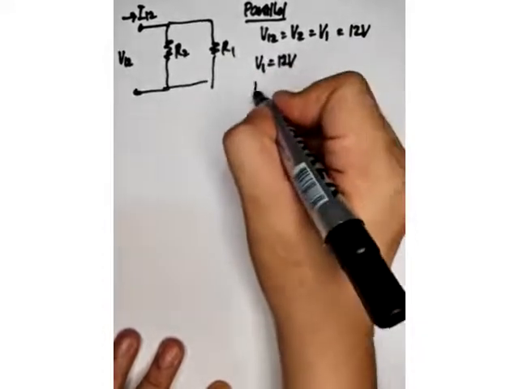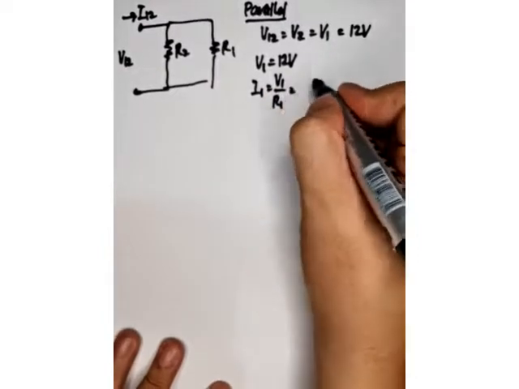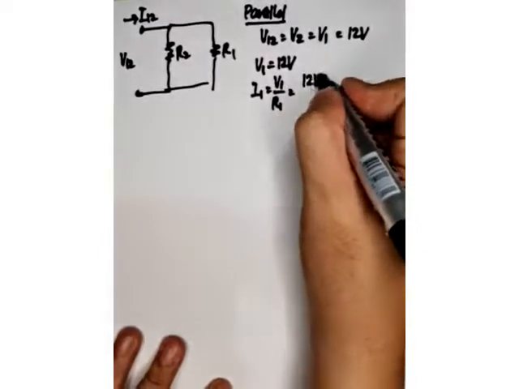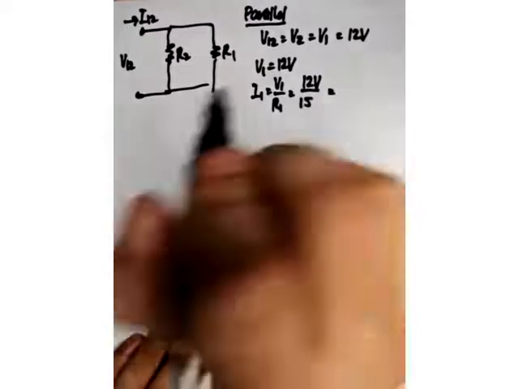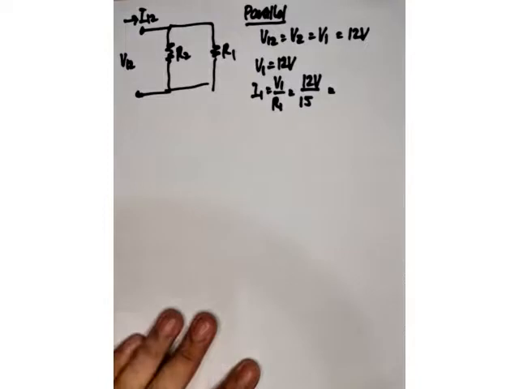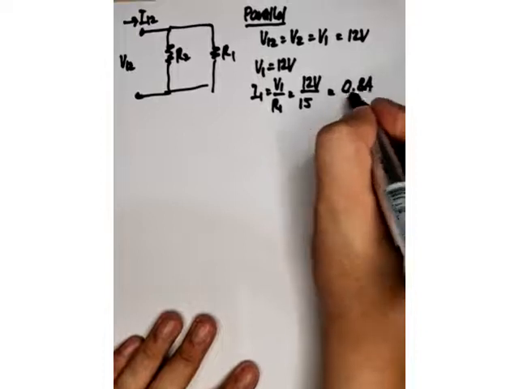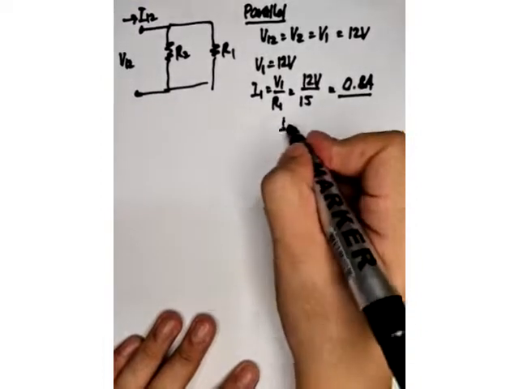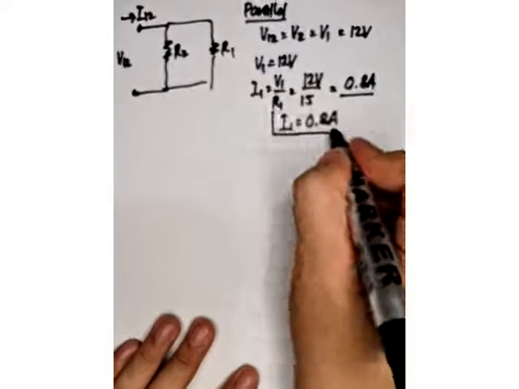So V1 is 12 volts. So therefore, I1 is V1 over R1. So V1 is 12 volts over R1 natin is 15. The answer is 0.8 ampere. Yeah. So I1 is equal to 0.8 ampere.